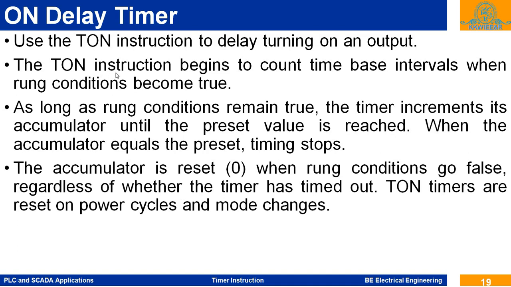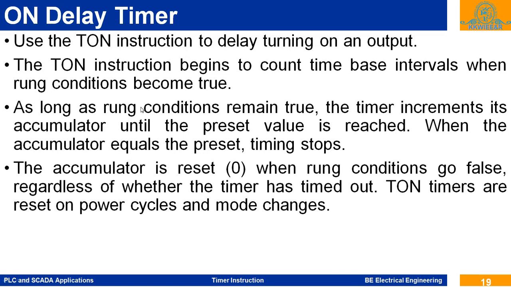So the TON instruction begins to count the time base interval when the run condition becomes true. Okay. So based on the time base value, it will increment when the run condition becomes true. Okay. As long as the run condition remains true, the timer increments its accumulator until the preset value is reached.